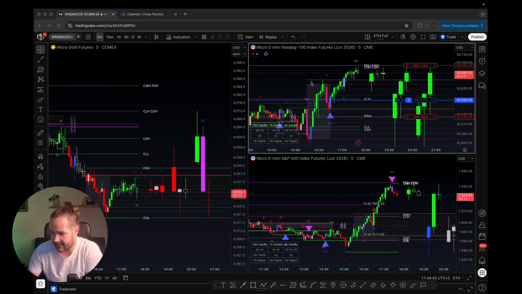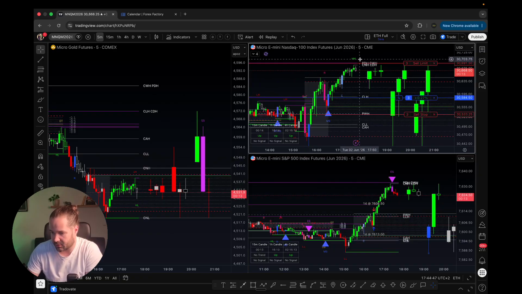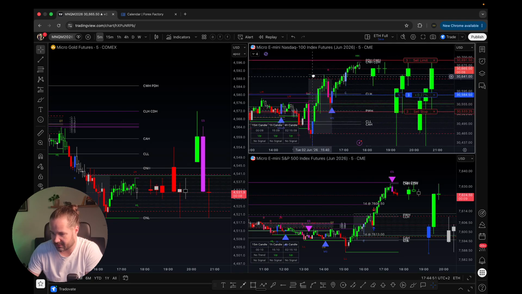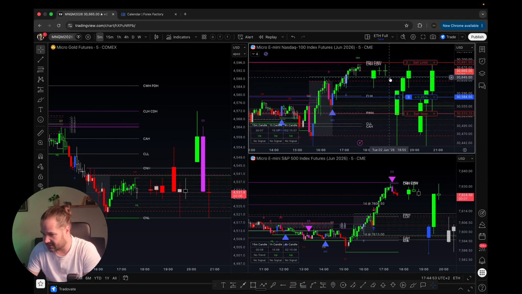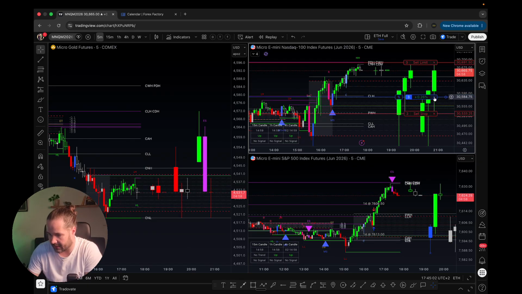Come on, last little push. One green bar. I know it's possible, but it looks like we're doing exactly the opposite, honestly. 3, 2, 1. Okay, that's it.